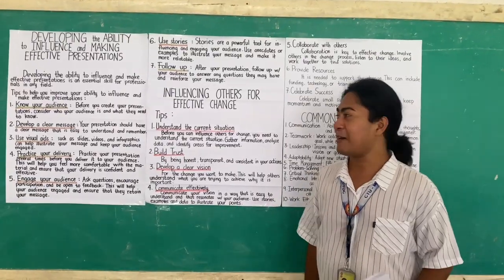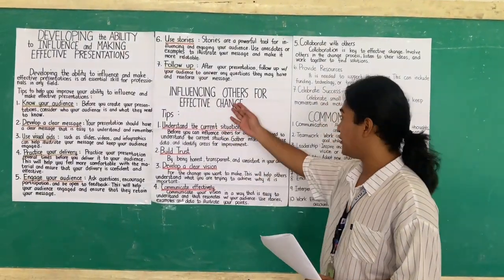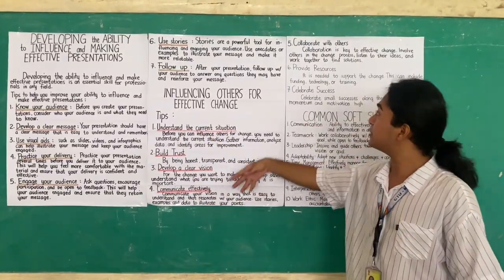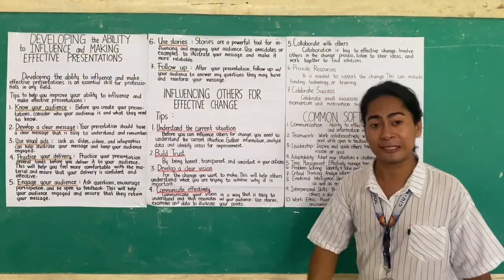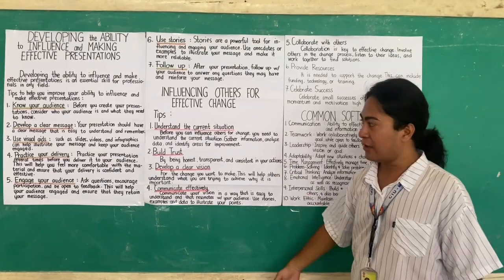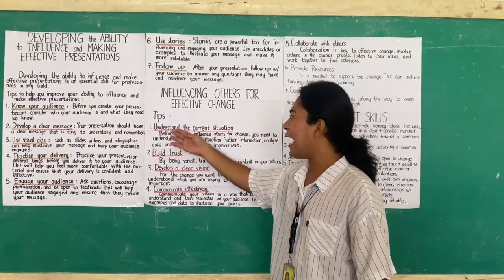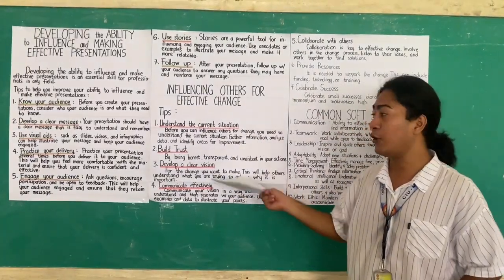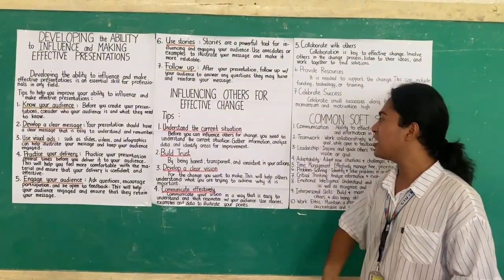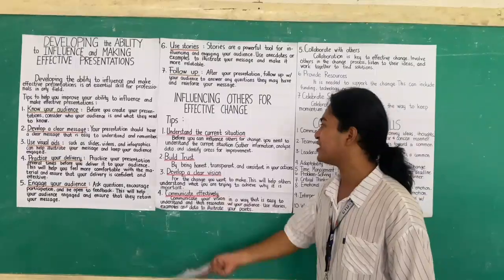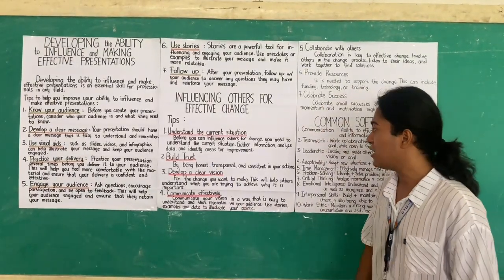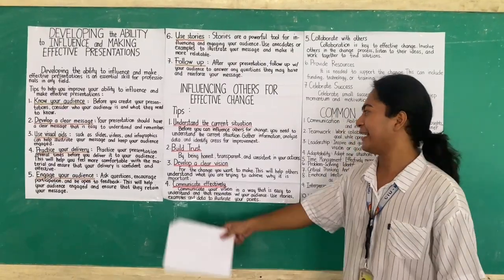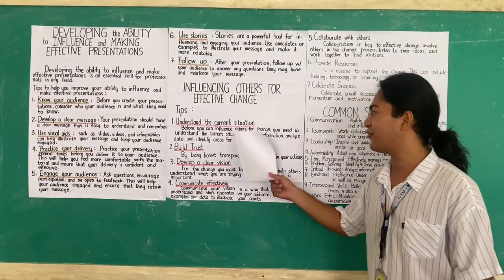So the next topic is influencing others for effective change. These are the tips. There are 7 tips that we prepared. The first tip is understand the current situation. Before you can influence others for change, you need to understand the current situation, gather information, analyze data, and identify areas for improvement.